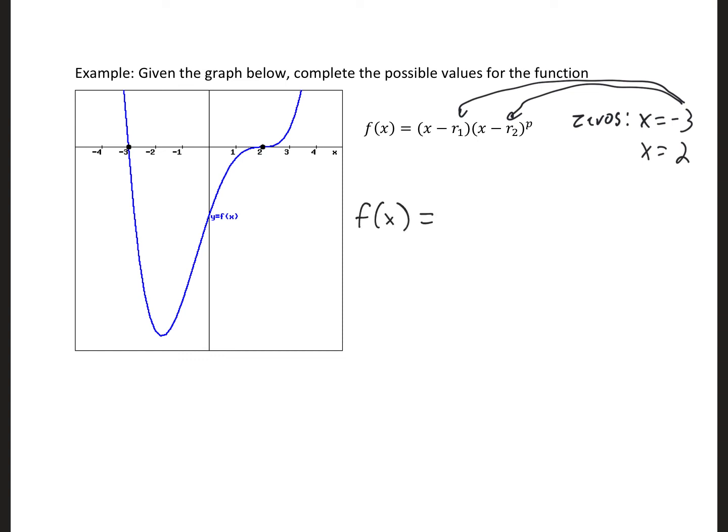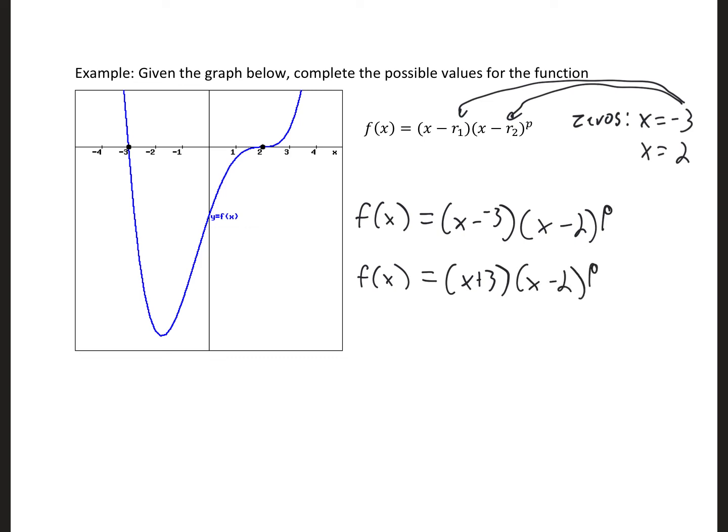So f of x was going to equal x minus negative 3 and x minus 2 to some power of p. So far I know f of x equals x plus 3 and x minus 2. The last thing that I need to determine is what that power of p should be.